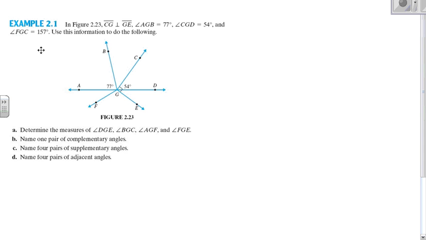That's already marked. And angle FGC is 157 degrees. So this whole part is 157 degrees. That's not marked, so we'll just have to remember. Determine the measures of angle DGE, BGC, AGF, and FGE.